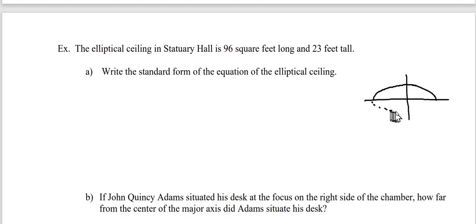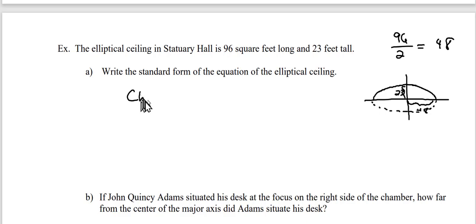Obviously, the full ellipse would come down like this, but we're talking about the ceiling itself. If it's 96 feet long and 23 feet tall, this will be 23, the distance here. This distance here will be half of 96, which is 48.